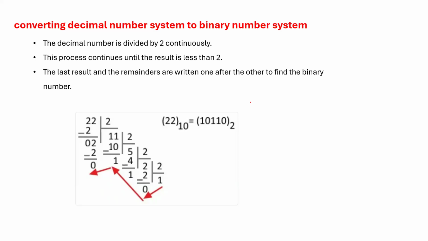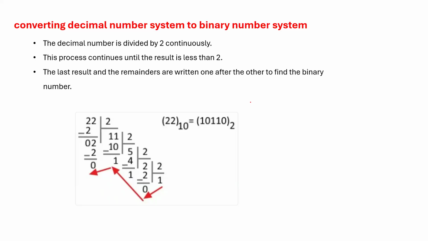So we're done with this step now. Now we will see conversion from decimal to binary. Base is 2, base is 10, base is 10, base is 2. Okay, so we're done with this.